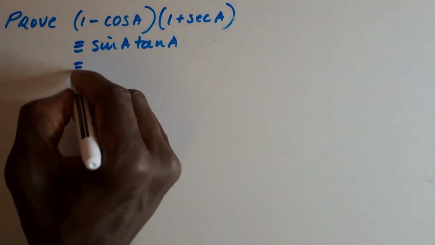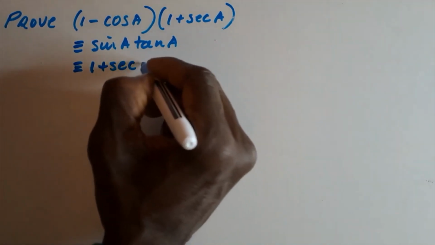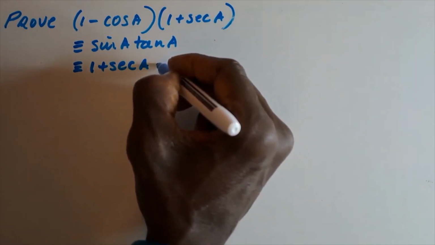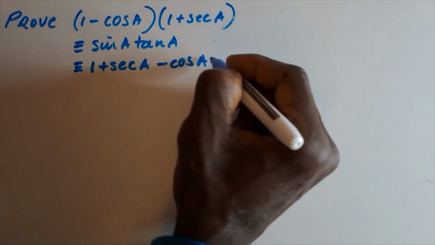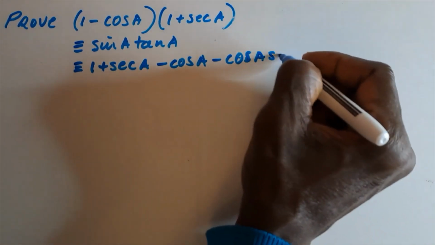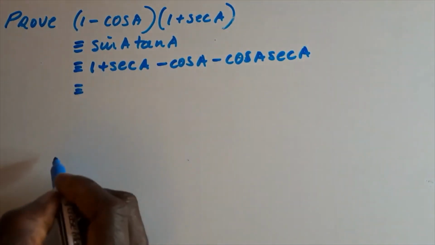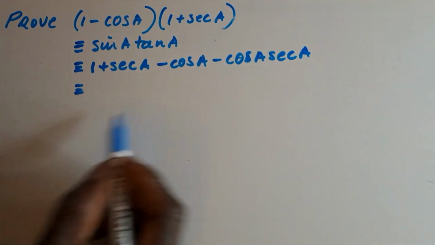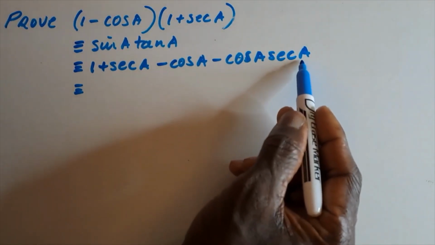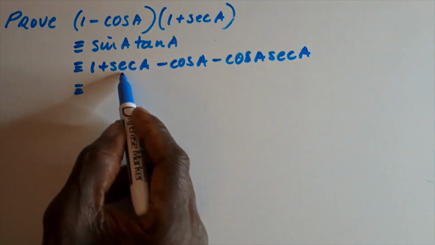So clearing the brackets, we have 1 add sec A minus cosine A minus cosine A sec A. Now because we have a minus 1 here, I'm going to simplify sec A here and leave sec A here as it is.